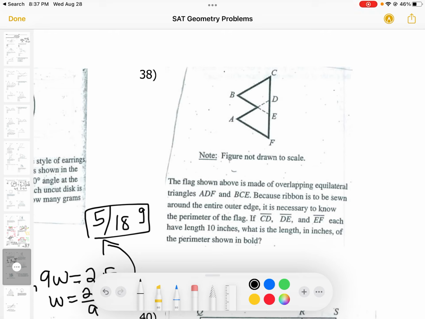Okay. So what they're saying is, this is 10, this is 10, and this is 10. CD, DE, and EF are each 10. So we just want to find the perimeter of the flag. So we want to find the length of the original equilateral triangles to do that.